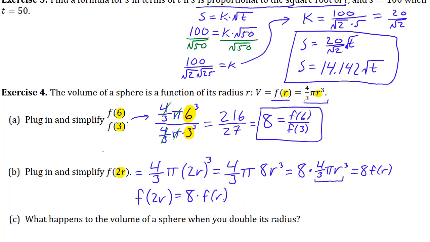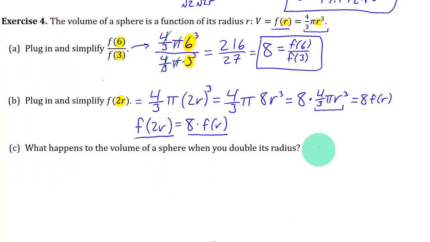In other words, if the radius of the sphere is twice as big as r, the volume of that twice as big sphere is actually 8 times the volume of the smaller sphere. So that actually answers part C here. What happens to the volume of a sphere when you double its radius? The volume gets multiplied by 8.